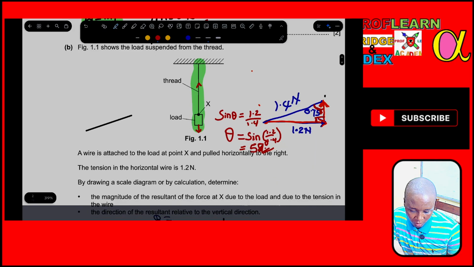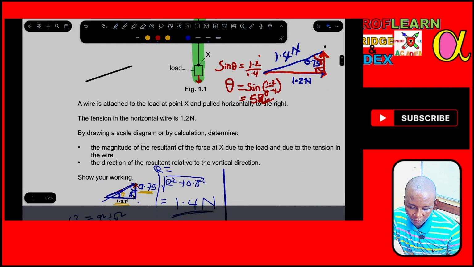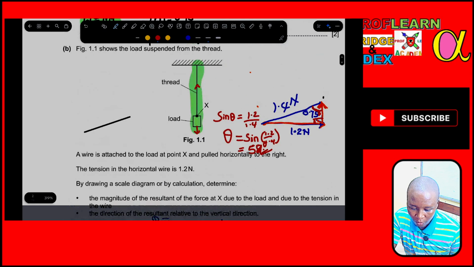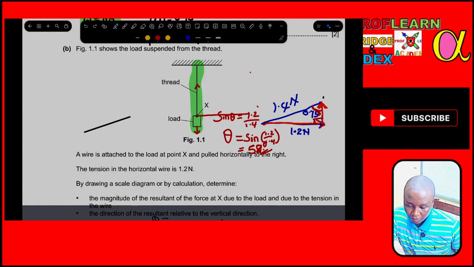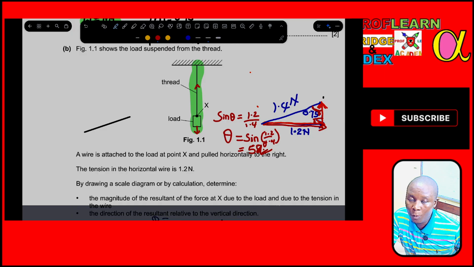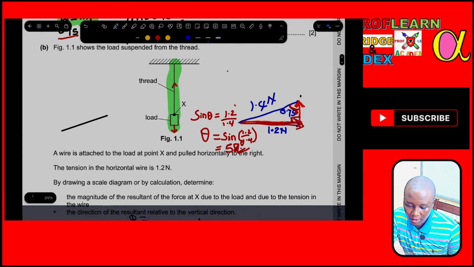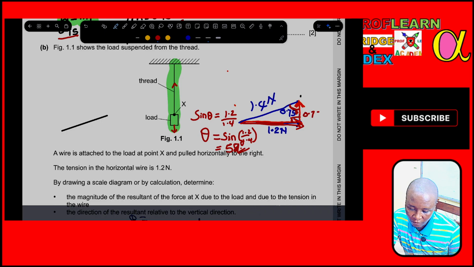The next question that was asked is to work out the resultant force, because we were told a force was exerted somewhere here, and that force is the one that I've indicated on this diagram. So we're going to have two perpendicular forces, one acting in that direction, which is 1.2, and the other acting upward, which is 0.75.